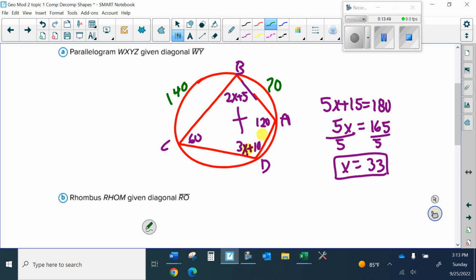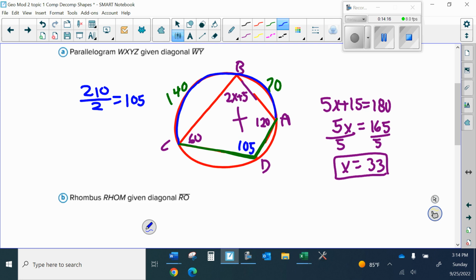Well, that means I could find angle D, because remember, that inscribed angle intercepts the arc from there to there. Don't we have the total of that arc? 140 plus 70 is 210. And I know an inscribed angle is half of it every time. So it'd be 105. I'd put that at 105.